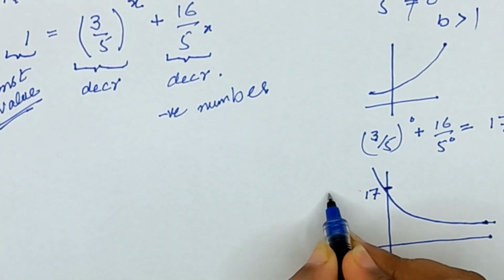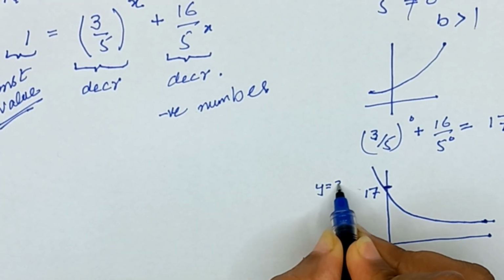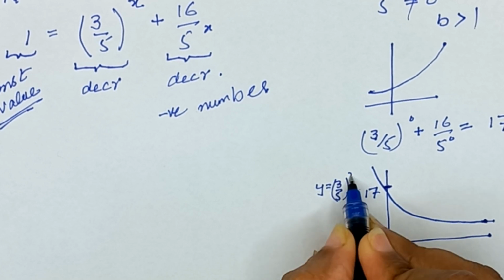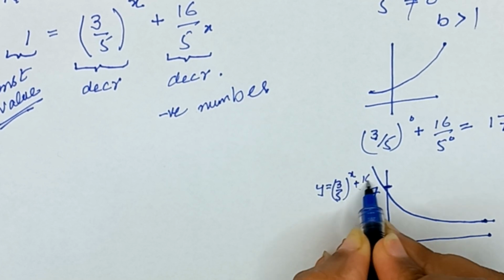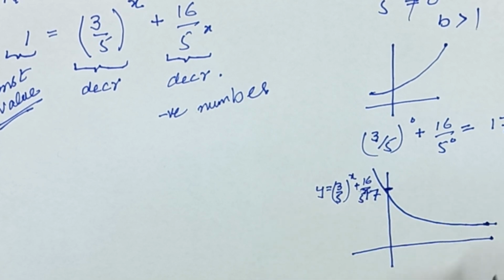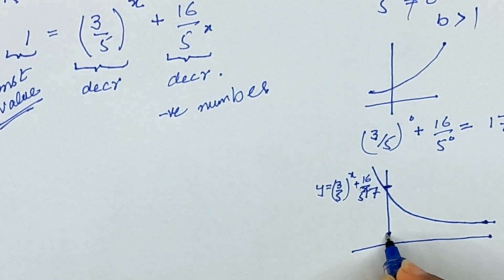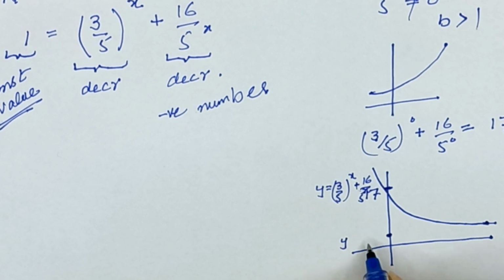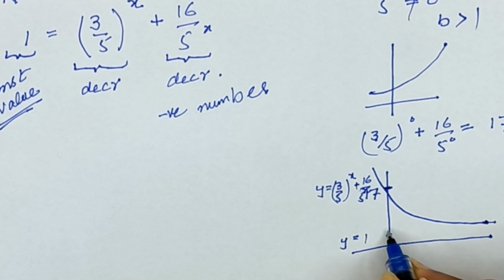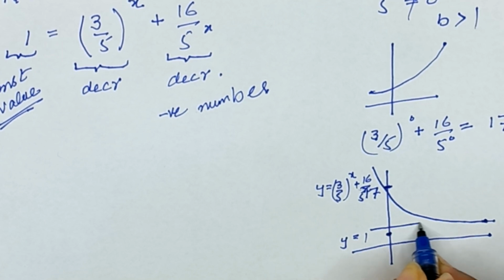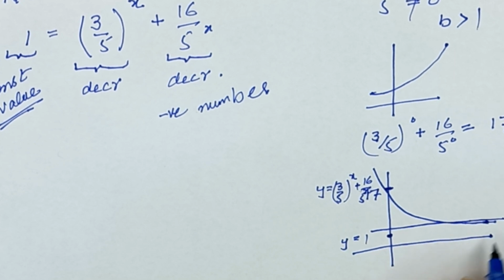So this is y is equal to 3 divided by 5 whole power x plus 16 divided by 5 raised to the power x. And here we have y is equal to 1. So if we draw a line here, it will be like this.